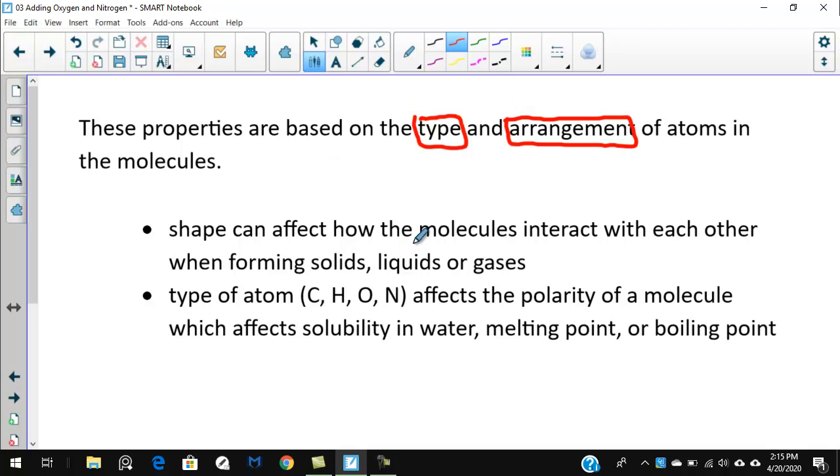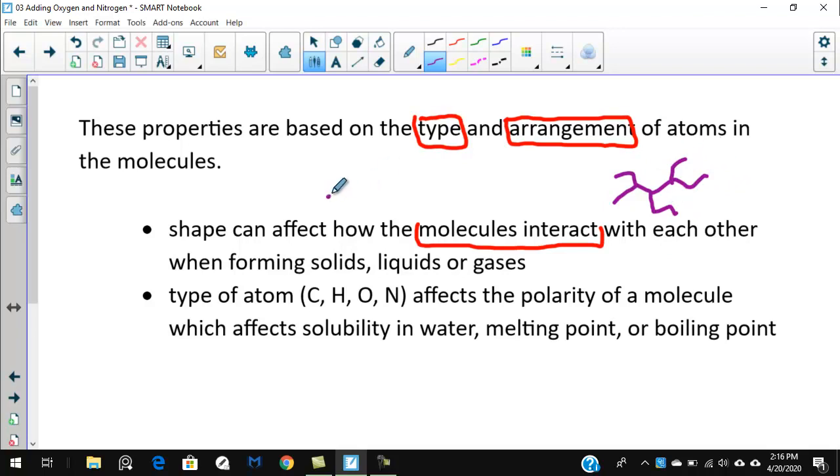And so the shape of the molecule affects how the molecules can interact with each other. If the molecules are shaped with lots of branches and things on them, so if we were to draw a molecule like an alkane, and then we had all kinds of funny branches on it, that makes it difficult for those molecules to get close together, and they have trouble interacting with each other.